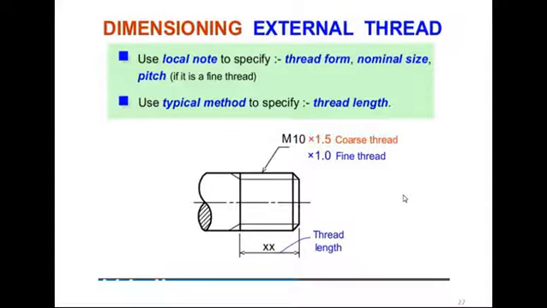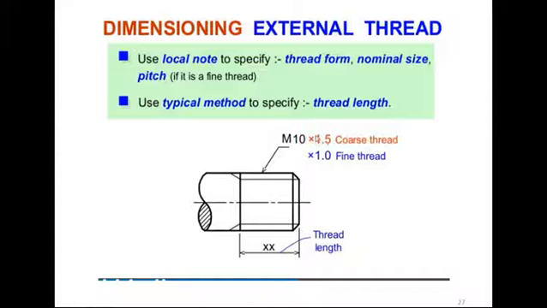Now the dimensioning for an external thread: use a local note to specify the thread form, nominal size and pitch, then use the typical method to specify the thread length. We need to show the thread length, and then write what type of thread it is, whether M6, M7, M8, M9, M10, or any other. Then you need to show whether it is a coarse thread or a fine thread.